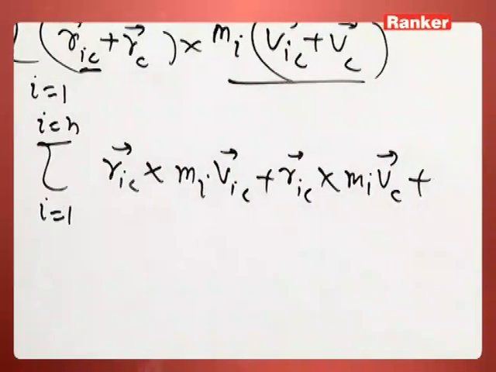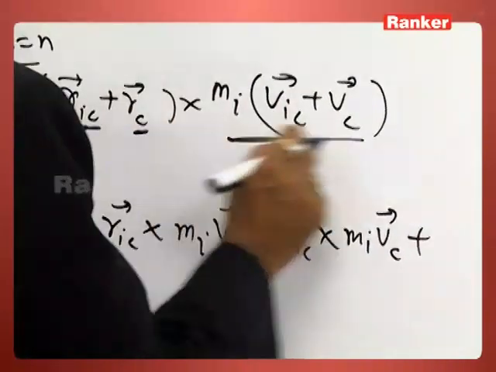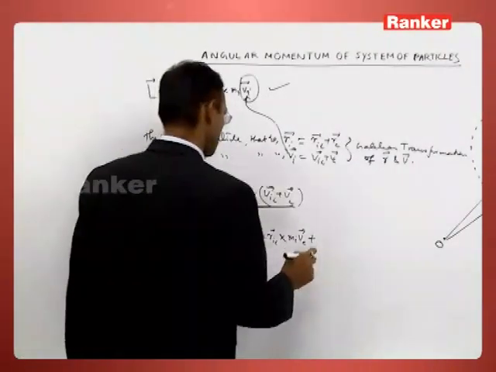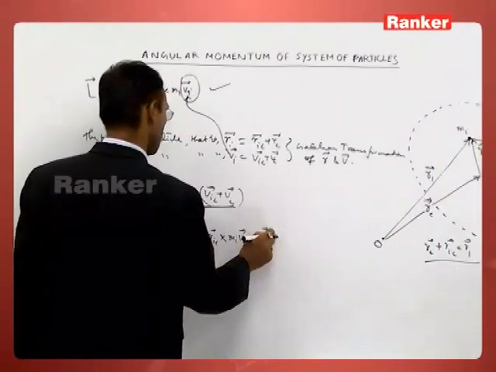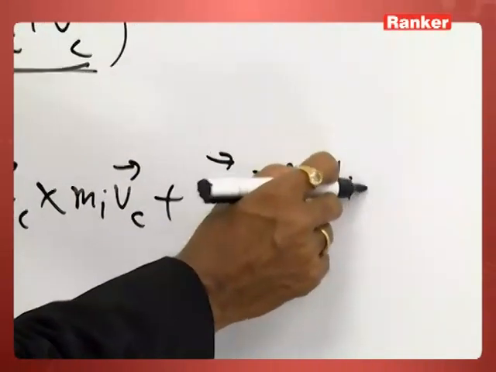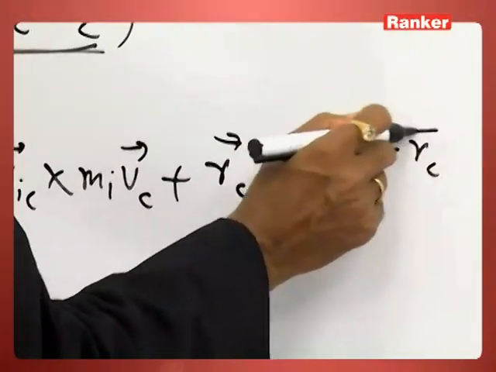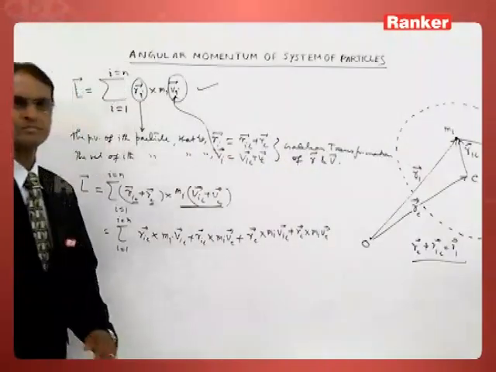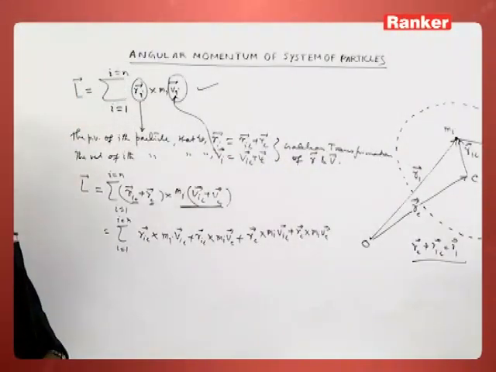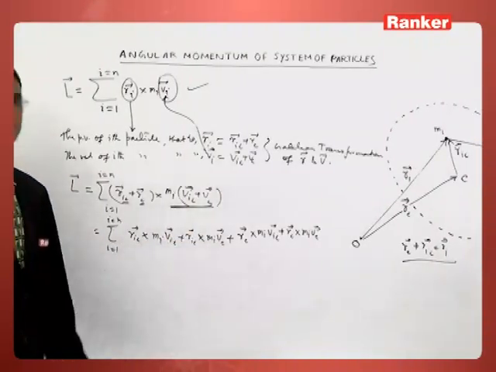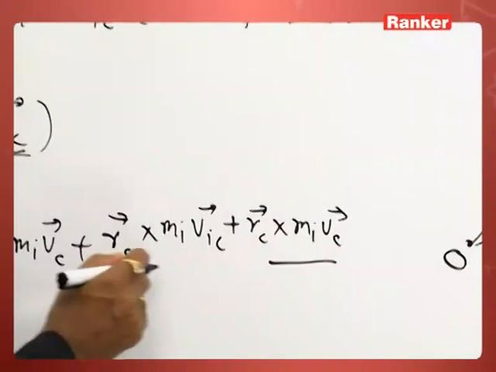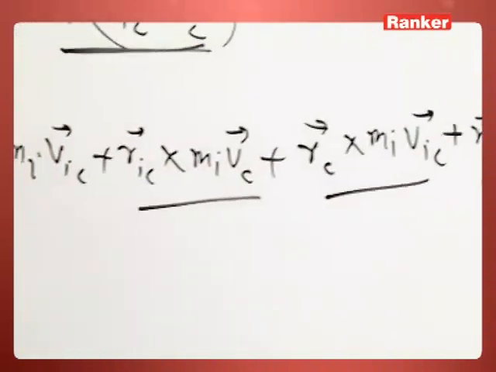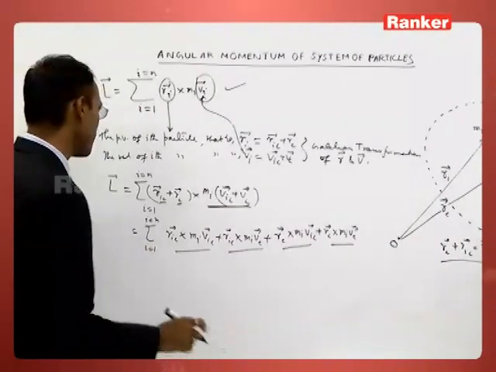Now this is multiplied with the whole term: plus Rc cross mi vic plus Rc cross mi Vc. So we are getting 4 terms. Let us analyze each term.